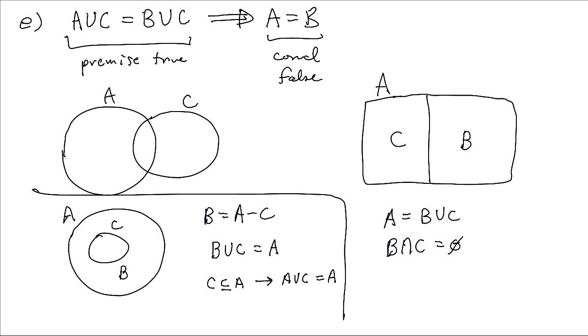So this is a situation in which the premise is true, but the conclusion is false. In fact, in this case over to the right, B is equal to A minus C, and C is equal to A minus B. And we'll see later on in the semester that this forms a partition of the set A. Okay, so I hope that convinces you.